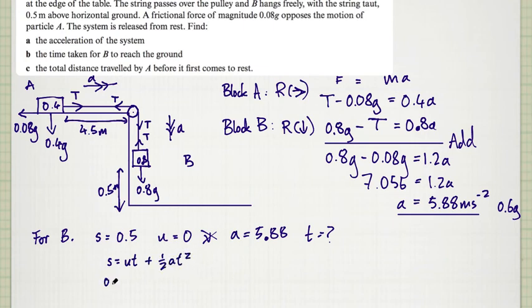So that gives us 0.5 equals 0 times T, so that's 0.